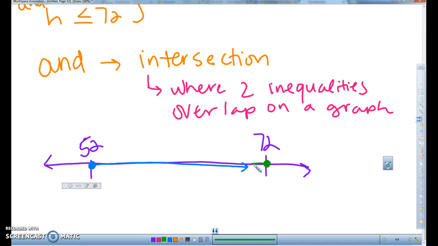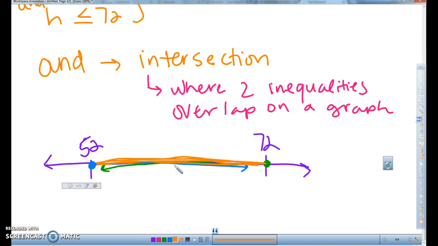Again, closed circle, and it goes this way. So the compound inequality is true for this area, h in between 52 and 72. This area where they overlap, that is where my inequality is true. This is an intersection. It's where those two inequalities overlap on a graph. The area they share, the area they overlap, that's my intersection.